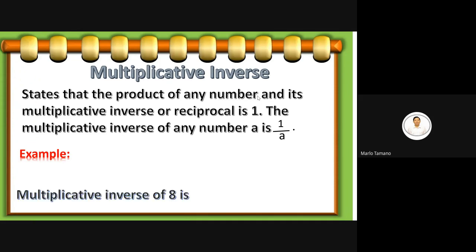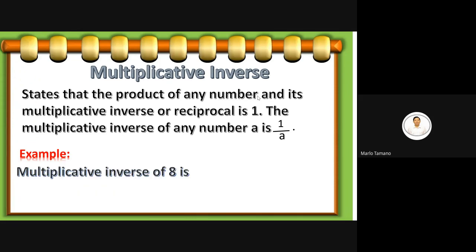Alright, so for example, the multiplicative inverse of 8 is 1 over 8. Hence, 8 times 1 over 8 is equal to 1. Naintindihan? So, 8, times the reciprocal of it is equal to 1.